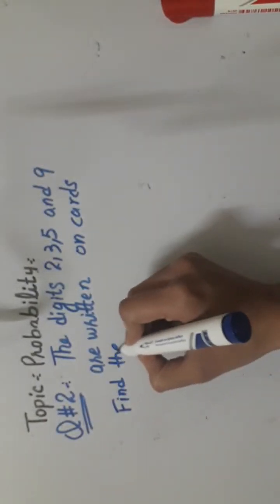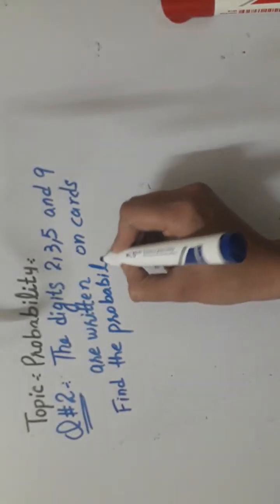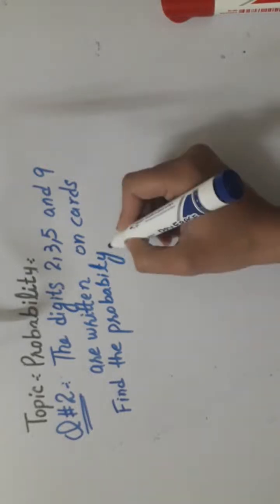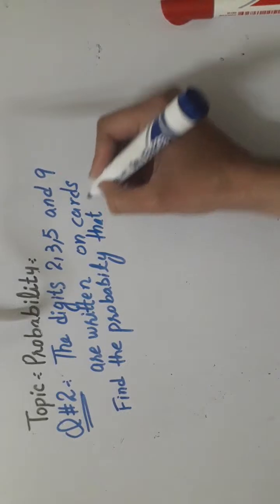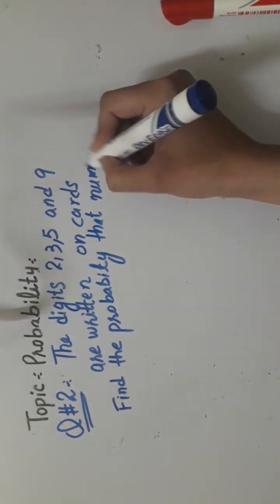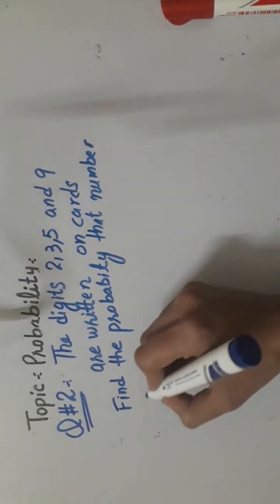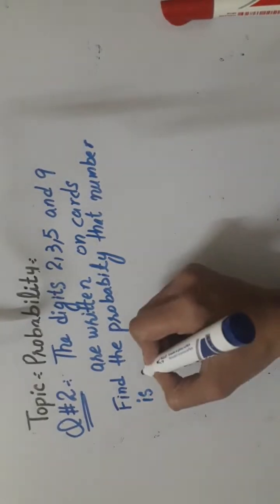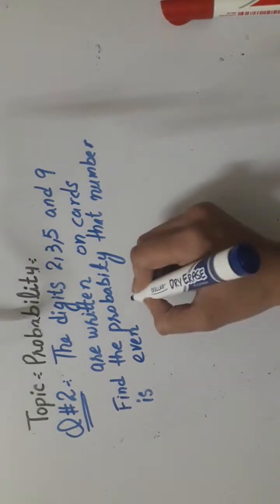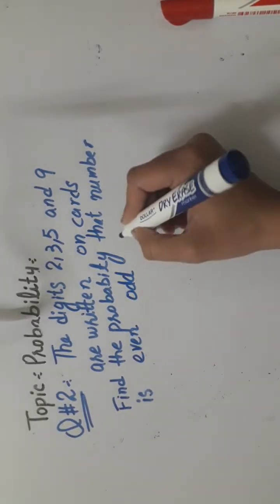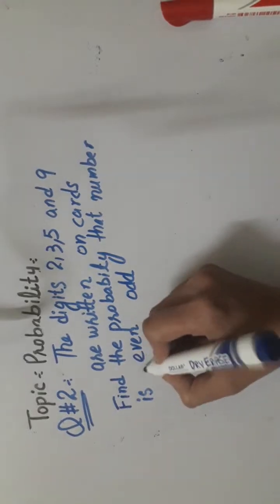Now you have to find the probability that the number is even, odd, or divisible by 3.